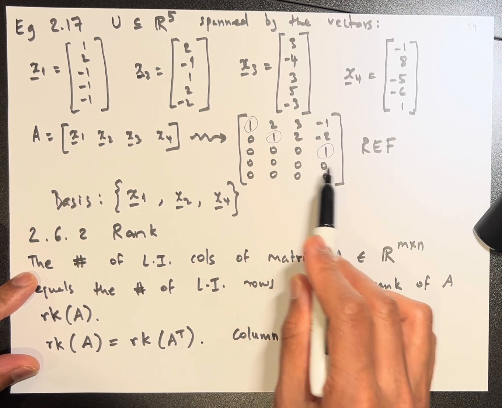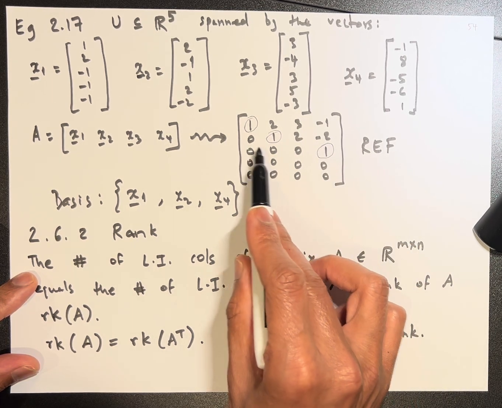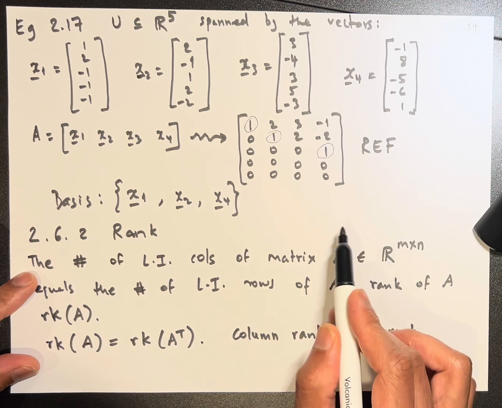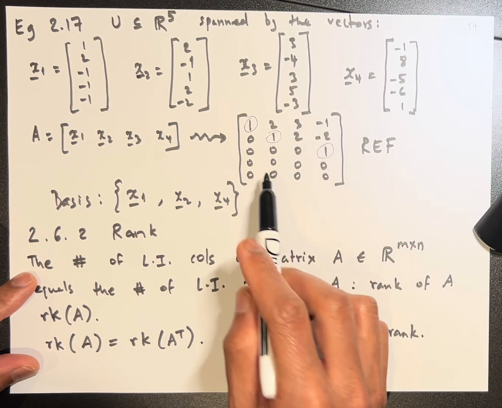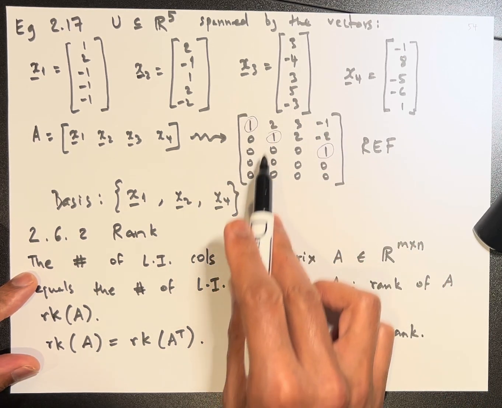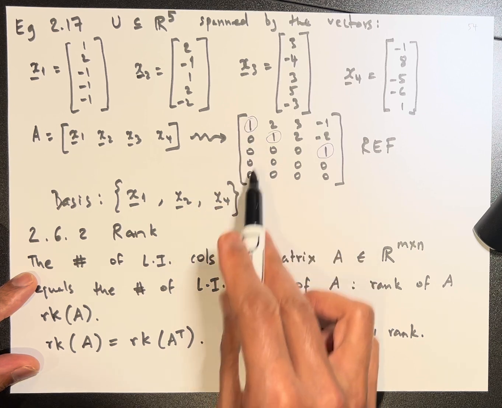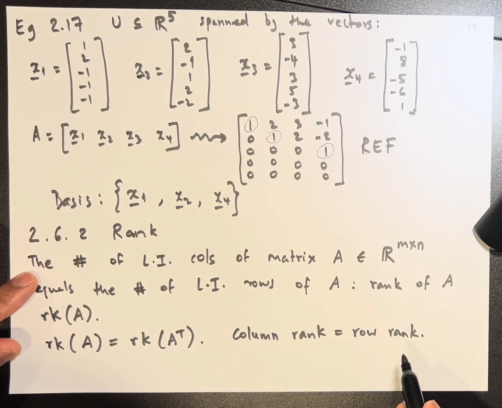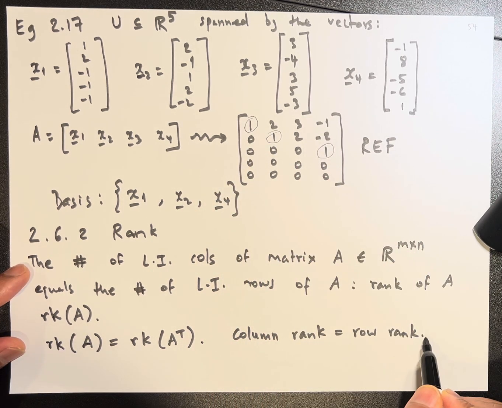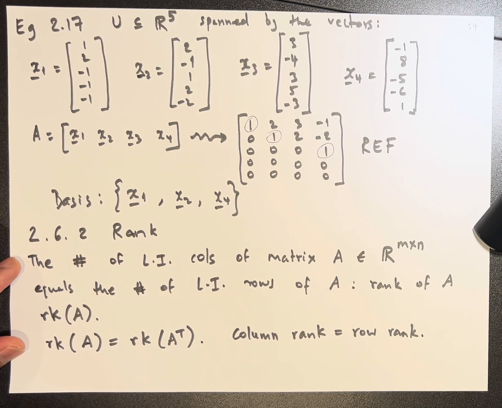But if you really look at it, in the reduced row echelon form, these three columns are linearly independent. In the same way the rows also, right? Because if you really look at it, you can look at it vertically also, and it's going to be the same, right? So that is the intuition for column rank being the same as the row rank. Okay, so this is the first remark in the book.